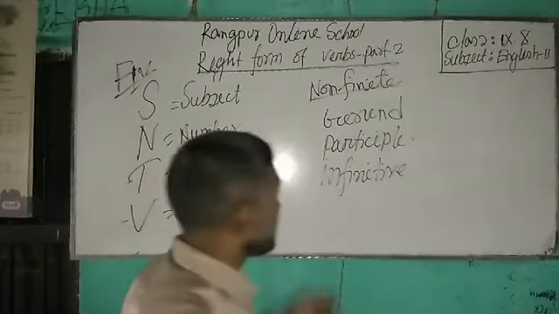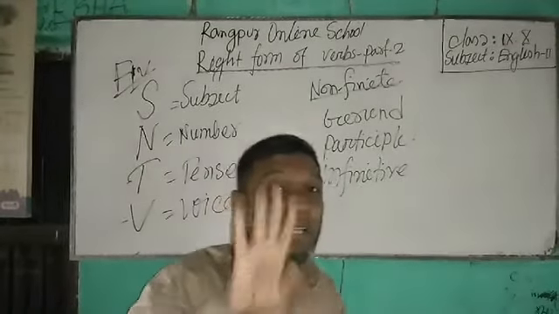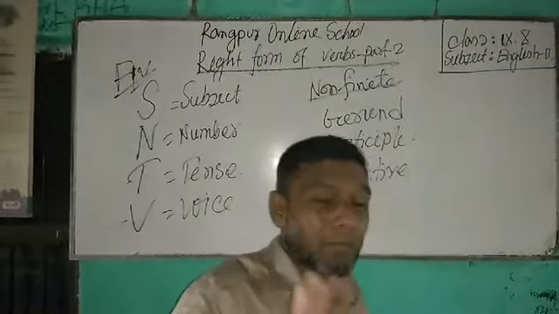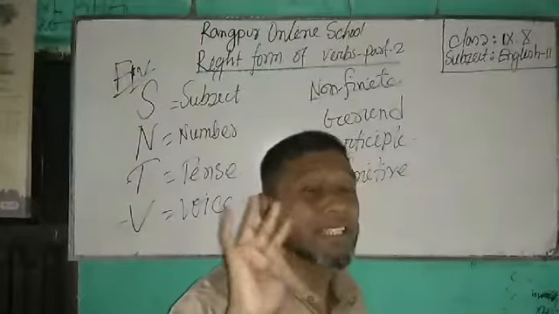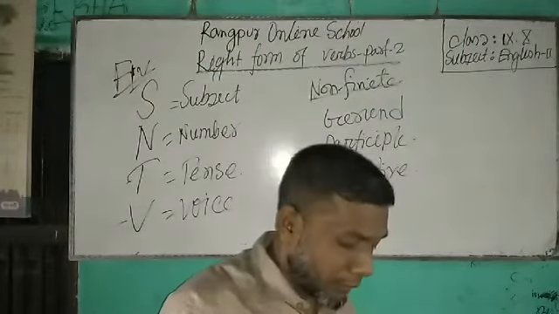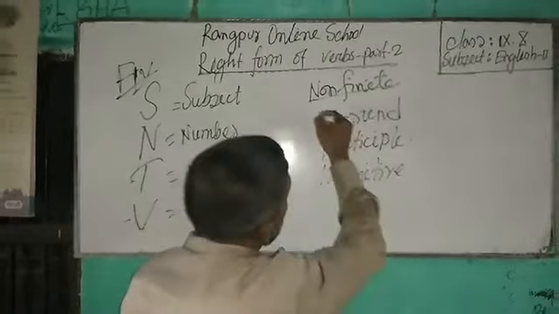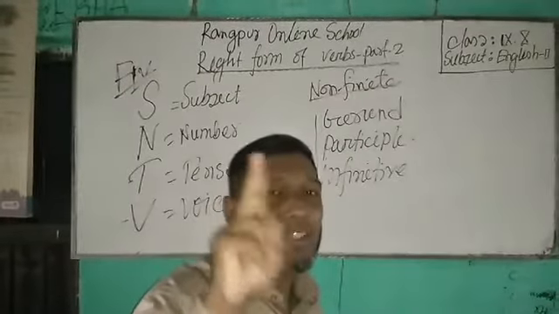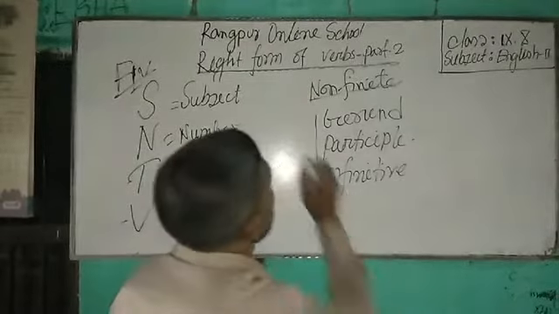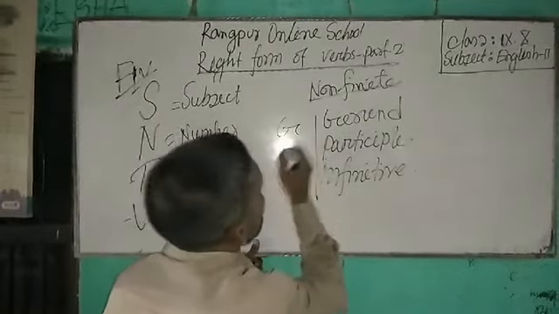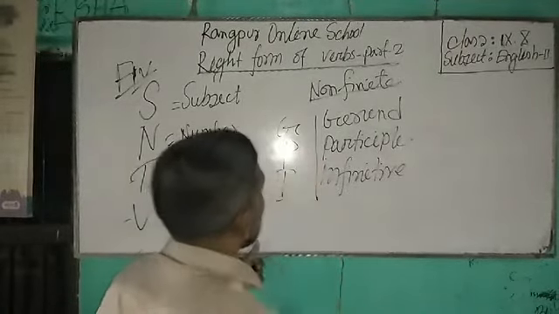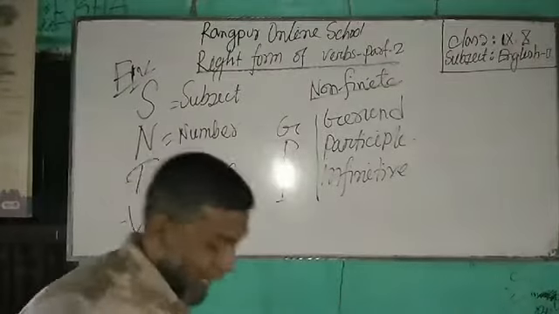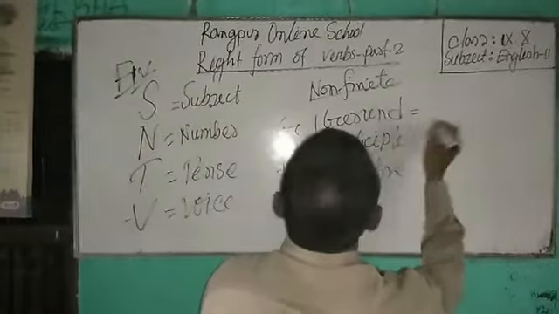So dear students, in the case of finite verb, I have got only 4 points, S, N, T, V. So this is TV channel. And in the case of non-finite verb, your points are only 3: G, P, I. You know GP means grammar phone, then you can add an I. So this is GP, I. So what is the gerund?